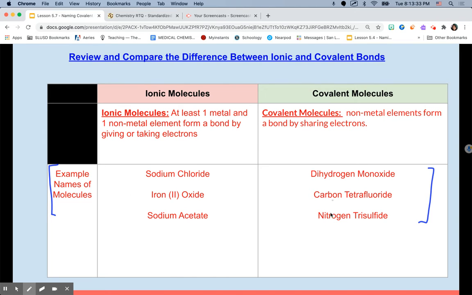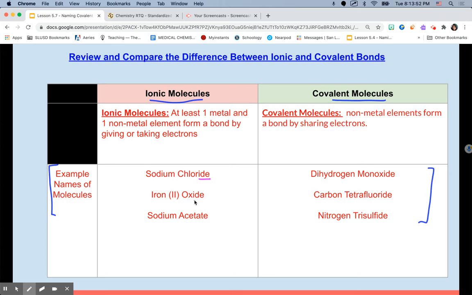So I'd list some examples and note that ionic molecules kind of look like this, and covalent molecules kind of look like this.